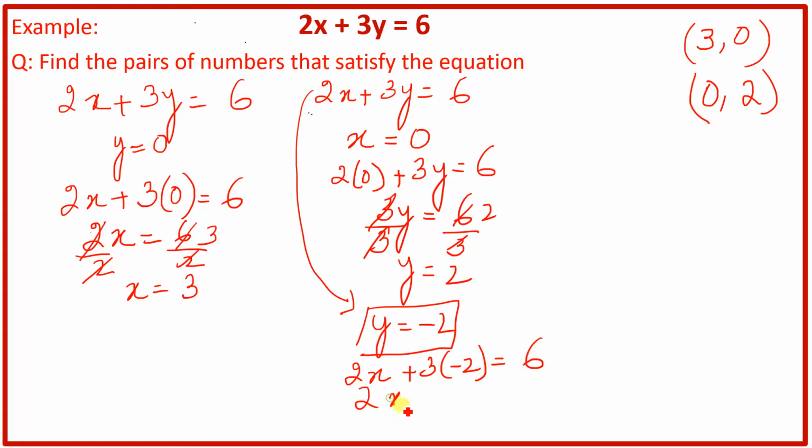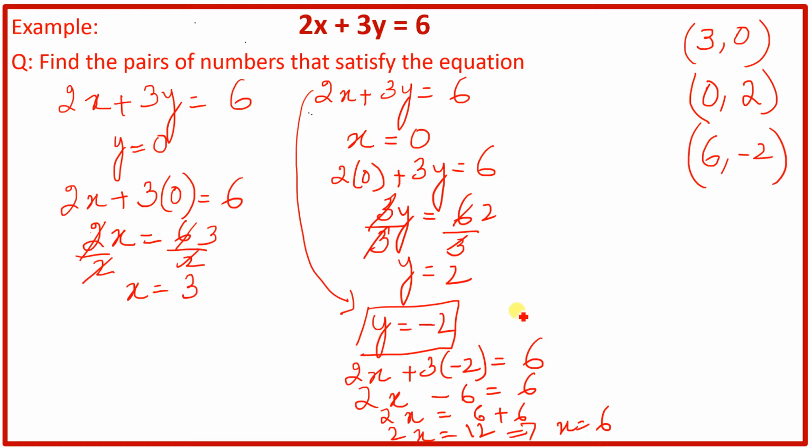So it will be 2x - 6 is equal to 6. 2x is equal to 6 plus 6, which is 12, so x is equal to 6. So the third solution of this equation is (6, -2). First you write down the value of x, and then y is -2.